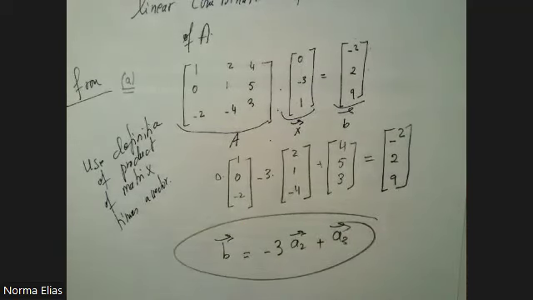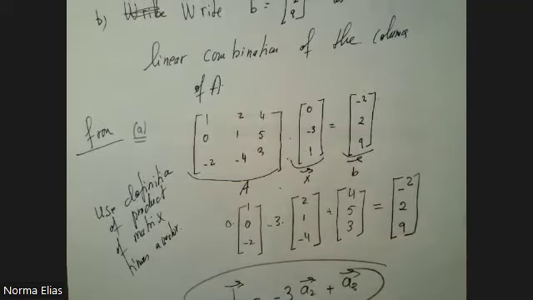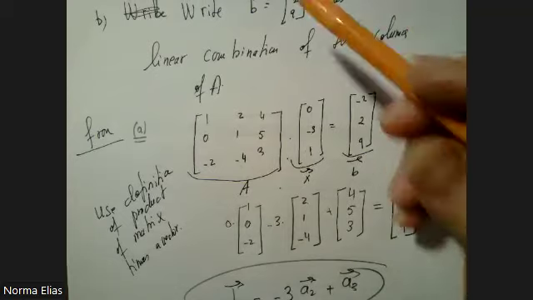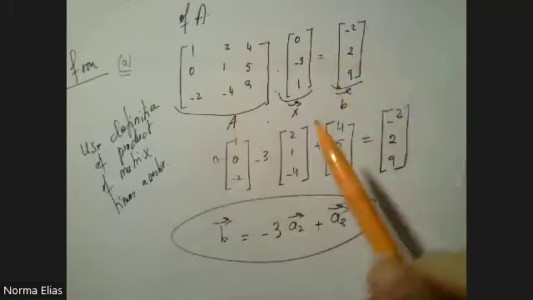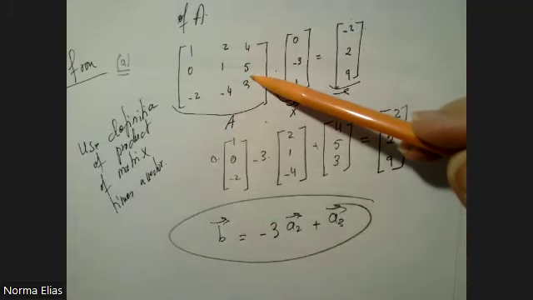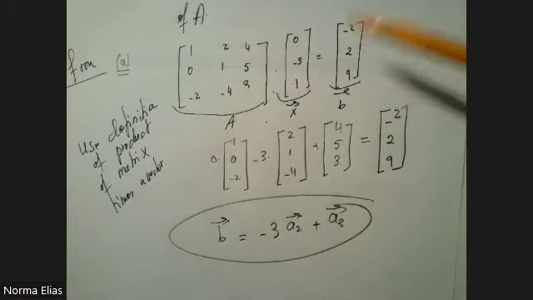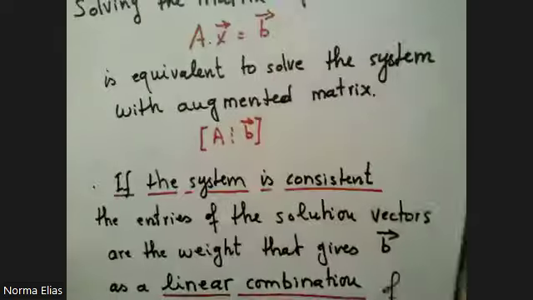So when we solve AX equal to B, we actually do two things. We find the vector that you multiply by A to get B. Second, we find the weights that we have to put on A1, A2, and A3 to give me the vector B. So let's write this out a little bit so we can keep that in mind.